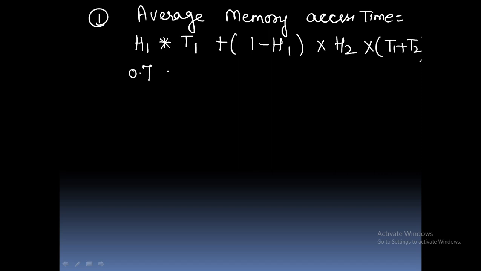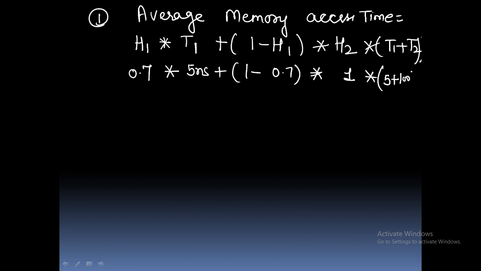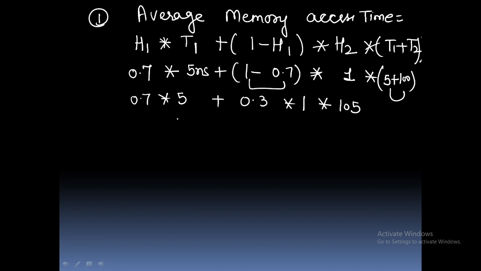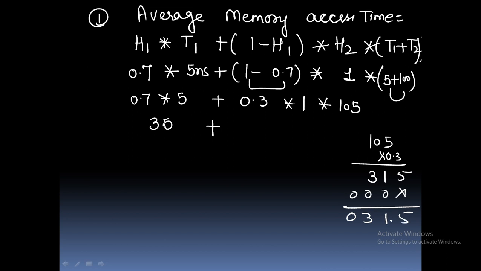H1 is given 0.7, T1 is given 5 nanoseconds, and 1 minus 0.7 multiplied by H2, which will be taken as 1, and T1 is 5 nanoseconds, T2 is 100. So 0.7 multiplied by 5 plus 0.3 (1 minus 0.7 equals 0.3) multiplied by 1 multiplied by (5 plus 100) which is 105. 7 times 5 is 35, so that is 3.5 plus 105 multiplied by 0.3, which is 31.5.